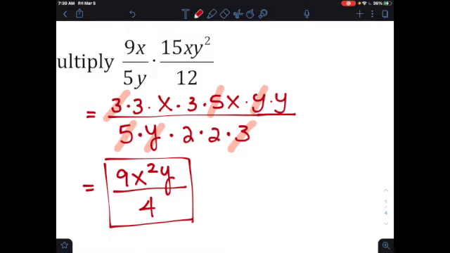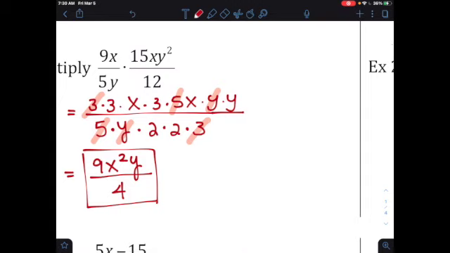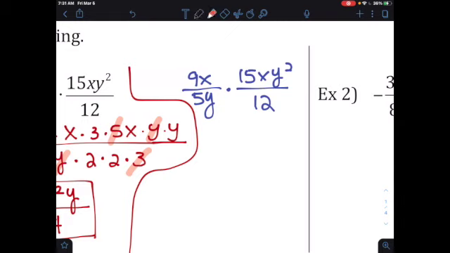Now that's one way if you want to write it out. If you don't want to write it out, you can totally do it this way, which I will show you guys. The other way is a little bit more clear. For this one, you can just do, oh, I have 15 and 5. I'm going to put 3 on top. And then you'll have 12 and 9. Both can cancel by 3. I'm going to put 4 on the bottom, 3 on top, because both cancel by 3.